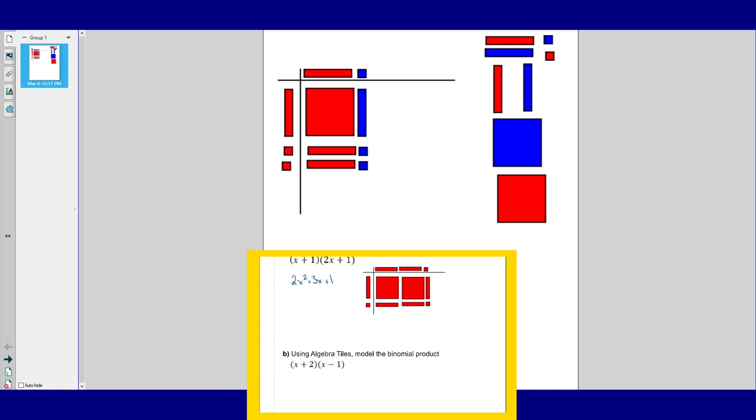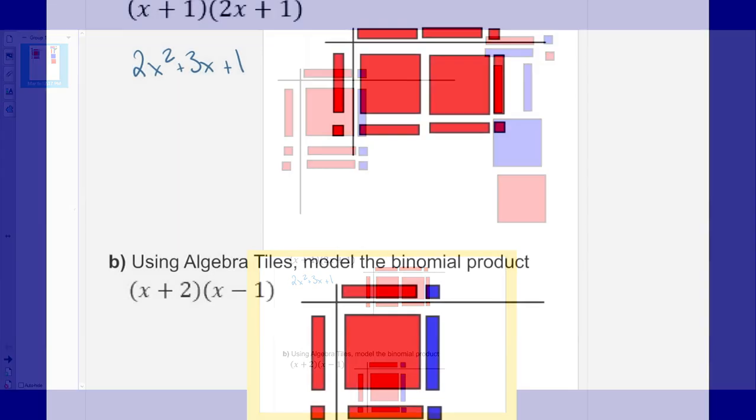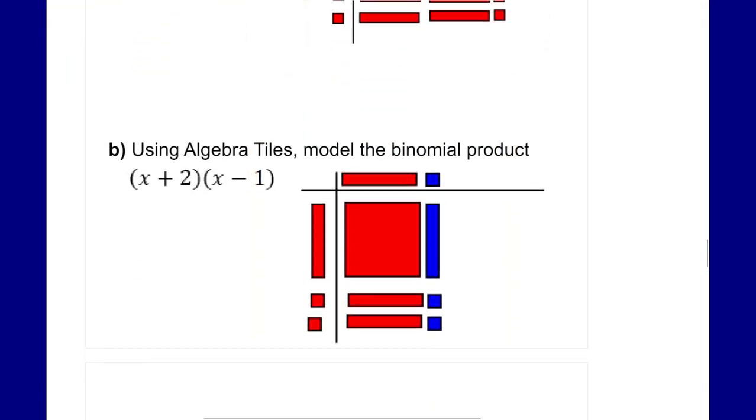And when we take a look now at our answer, and we count up on the inside, I have x squared. And if I count up the x's, I have 1, 2, but then minus 1.